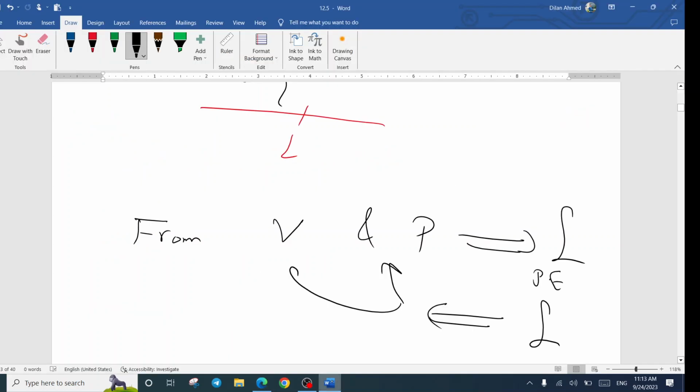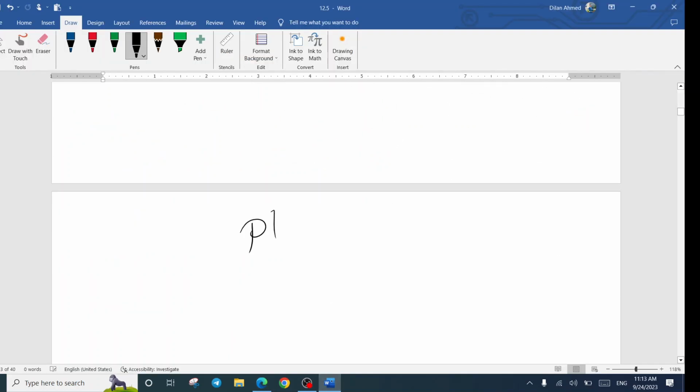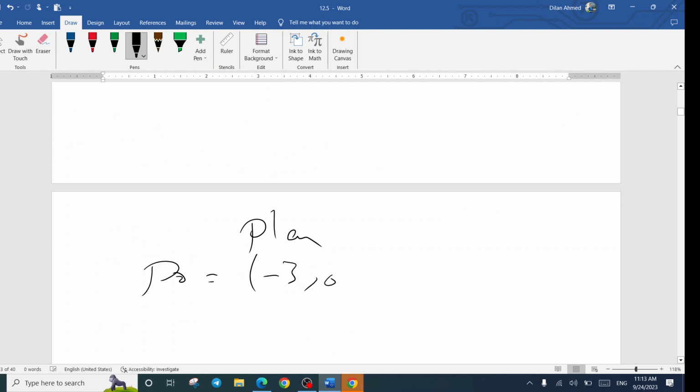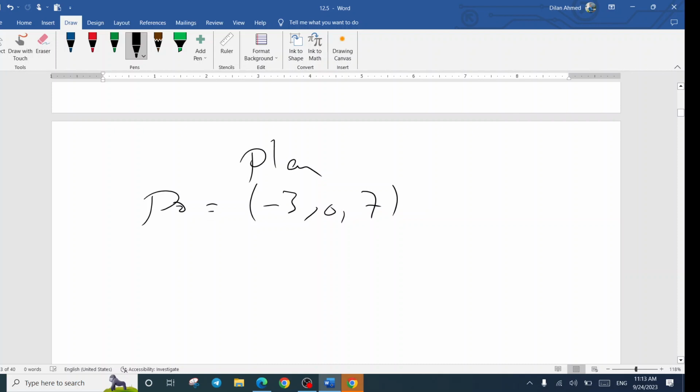I have only one point for the plane. He gave me P naught, which is equal to (3, 0, 7). And I need to construct P naught P. So where's P? P in my mind is a general point.